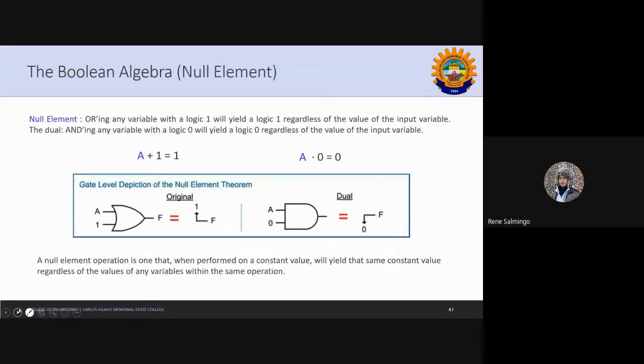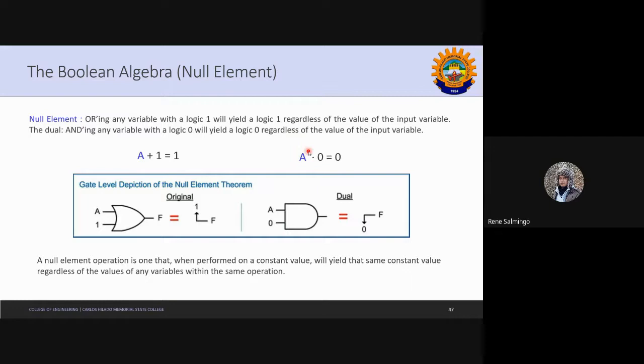We also have the properties of the null element. When we say null, the value logic 1 will yield logic 1 regardless of the value of the input variable. So we have this value, and the duality is that a variable combined with logic 0 will yield 0.